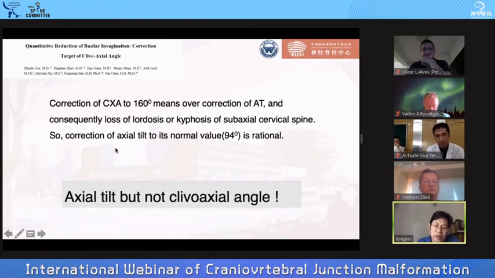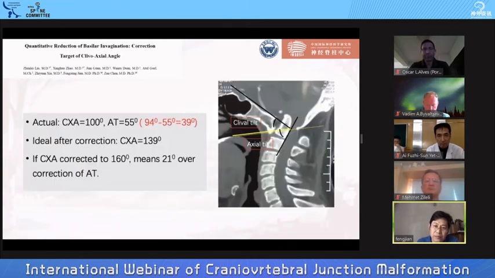So what we should do is correct the axial tilt to its normal value, about 94 degrees, but not the clivo-axial angle.